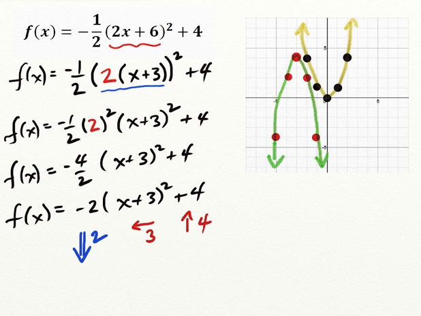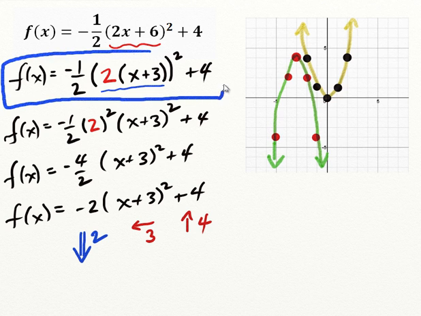Well, what we're going to do is walk through this, and I'm going to show you that yes, in fact, you would. And we're going to work from this version of the function right here. Okay, and we're going to convince ourselves that if we had left the 2 in there, we could still apply the exact same transformations and get the exact same function.